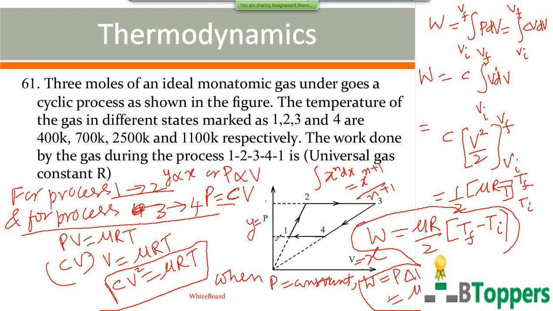The same formula has to be used even for the process 4 to 1, where pressure is constant at another value. So for process 1 to 2, we have to use this equation.